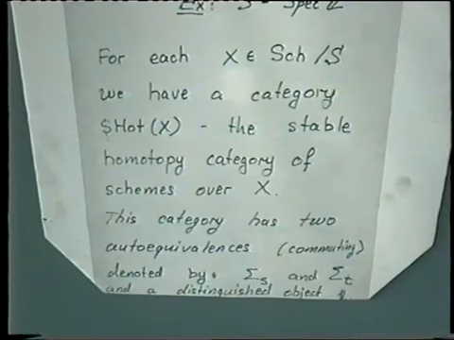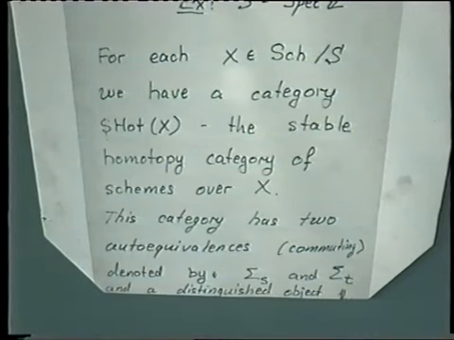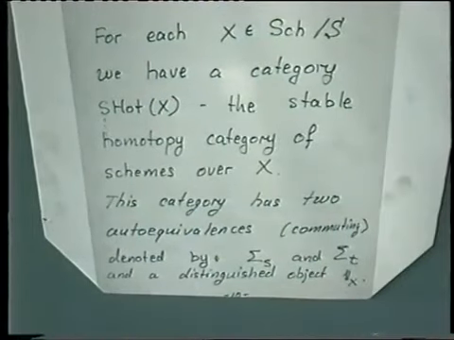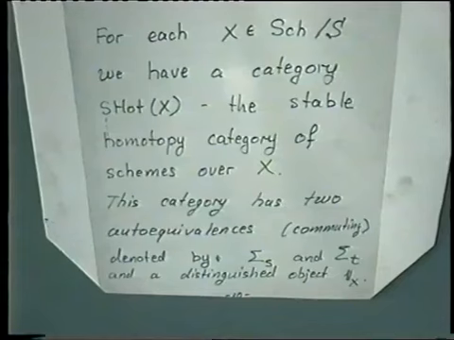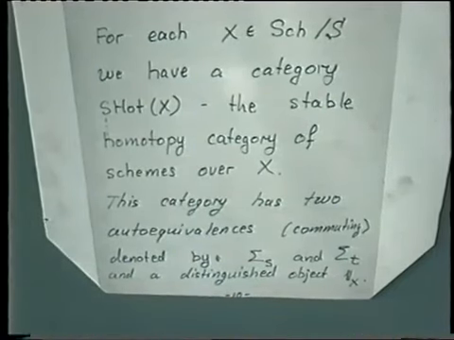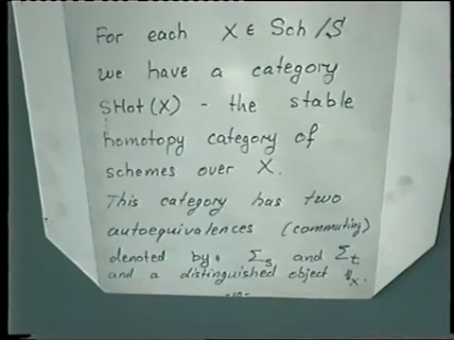We know that it is not in a reasonable way a derived category of anything. So this category has two commuting autoequivalences, denoted by sigma with the index S and sigma with the index T. They give two suspensions, sort of, in this theory.